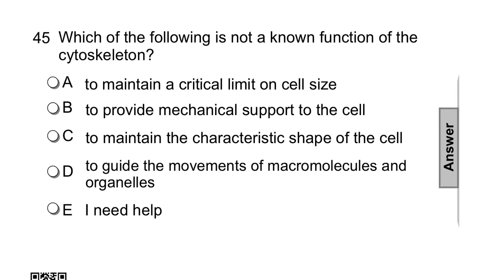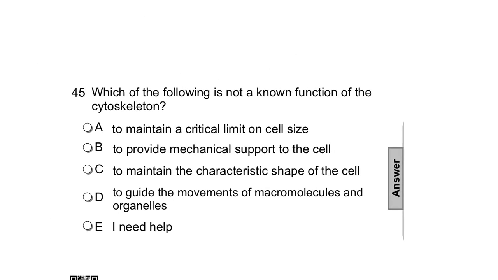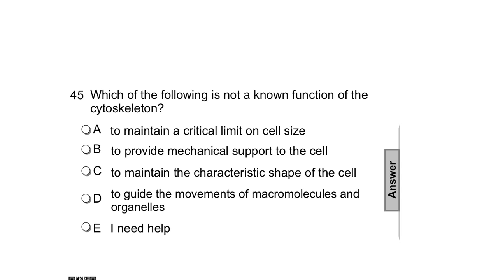Which of the following is not a known function of the cytoskeleton? So not attain a critical limit on cell size? No. To provide mechanical support to the cell? Yeah. Structure. To maintain the characteristic shape of the cell? Yes. Or at least an animal cell.